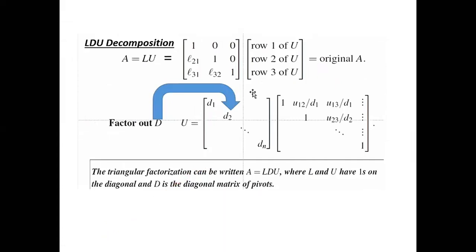Now we need to take the matrix U, and we need to factorize it into D into U. So this entire equation will become A equal to L D U. So now we take only this matrix U and we'll convert this into a diagonal matrix, which will have components D1, D2, Dn, and another matrix which will have ones on the diagonal, and the other components can be found as original component divided by D1, original component divided by D2. So let's see how we can do it.